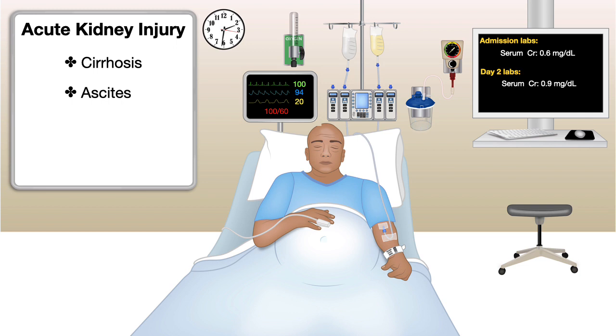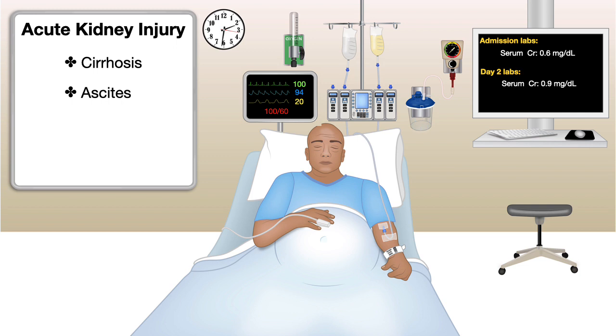So keep this in mind. Whenever you see a jump of 0.3 milligrams in 2 days, that is acute kidney injury, even though the value appears to be within the normal range for your hospital.